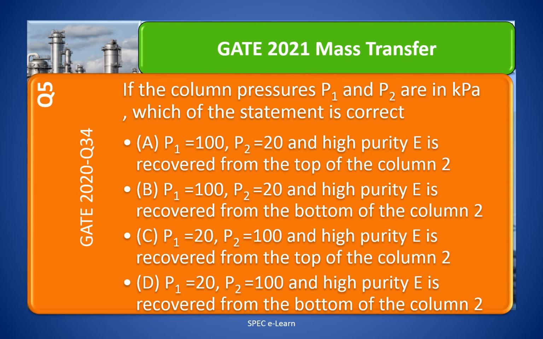Option B, P1 is 100, P2 is 20 and high purity E is recovered from the bottom of the column 2. Option C, P1 is 20, P2 is 100 and high purity E is recovered from the top of the column 2. Option D, P1 is 20, P2 is 100 and high purity E is recovered from the bottom of the column 2.